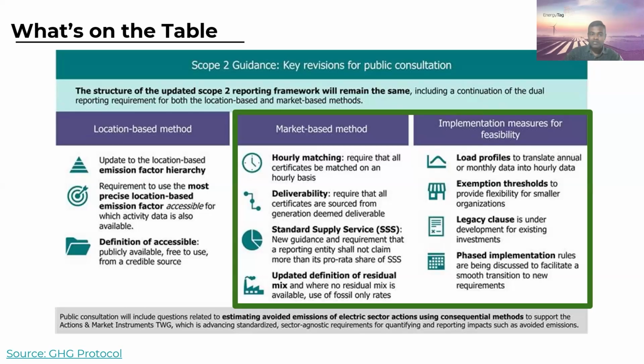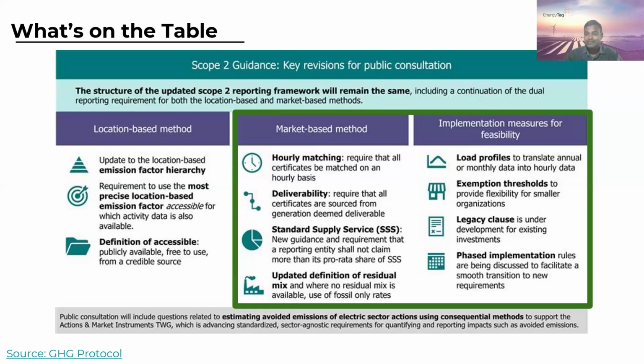It also requires using the most precise location-based emission factor that is accessible to the reporting companies, and the activity data also needs to be available. To define accessibility, the resources where these emission factors are available have to be publicly available, free to use, from a credible source.